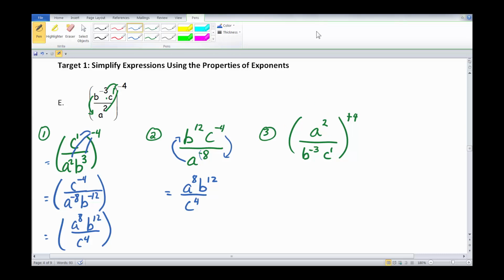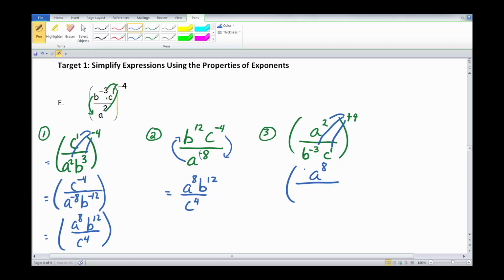Next, what we can go ahead and do is distribute that power. Again, powers to powers, we are multiplying those. There is a fourth way you could actually bring this b up immediately. We'll save him for the next step, though. So when we do that, we have a squared to the fourth power. Again, power to a power, multiplying those exponents, giving us then a to the eighth.